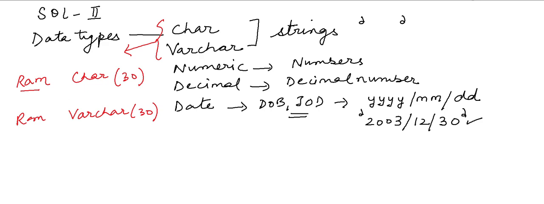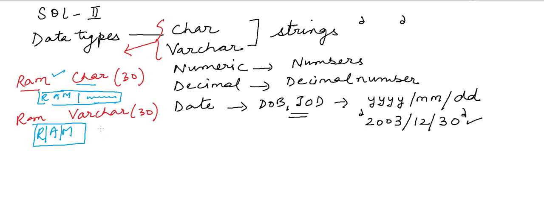In case it is char, it will store RAM in the first 3 bytes, and the remaining bytes will be wasted, will not be given to any other variable, and will not be used by this variable. But in varchar, the first 3 bytes will be utilized for storing the name Ram, and the rest of the bytes will not be used and can be used by some other variable. So the memory space is not being wasted here, but here the memory space is being wasted.